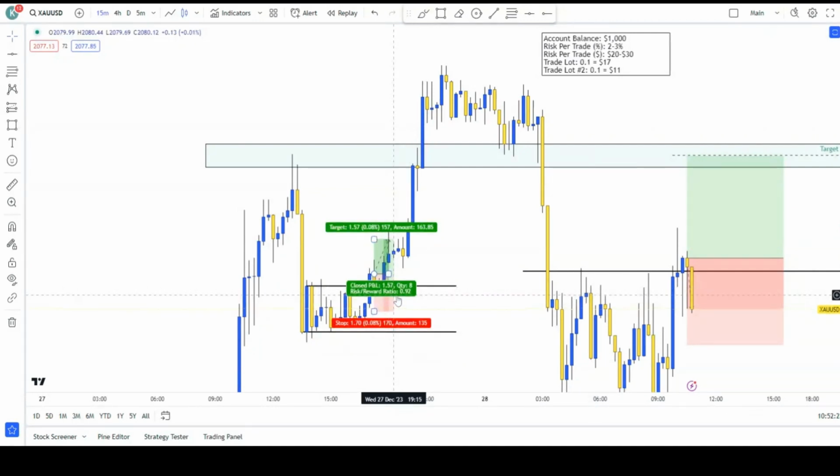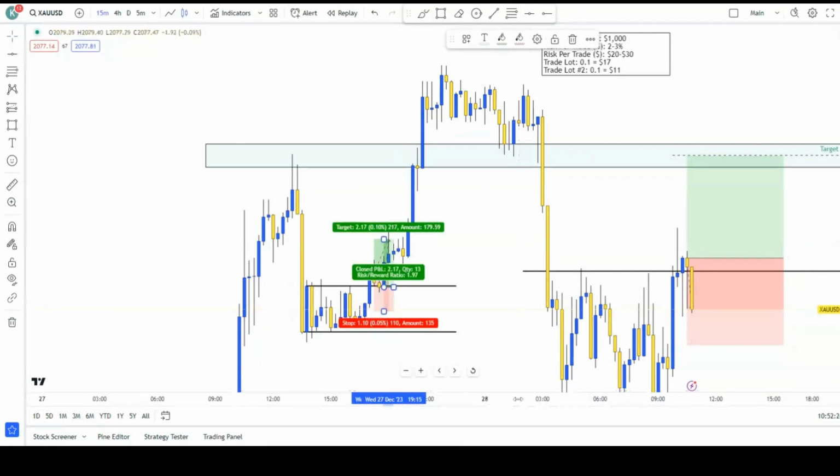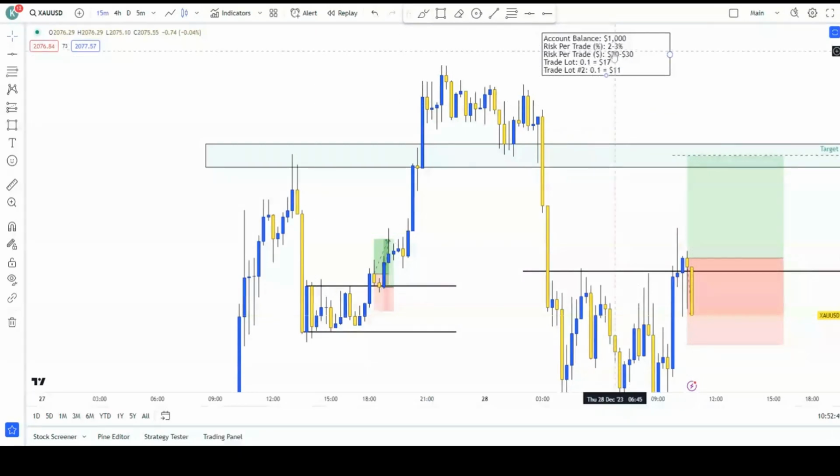And for that trade there, my risk to reward was about 2, and I was risking 11 pips. So in this case, the risk of my trade was $11, so it totals out to $28, which is my 3%. So for this one, I was risking a little bit more than half for the first trade, and less than half for my second one, and it averaged out to within my risk.